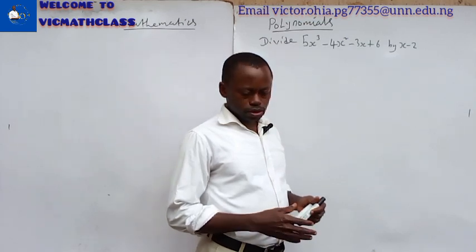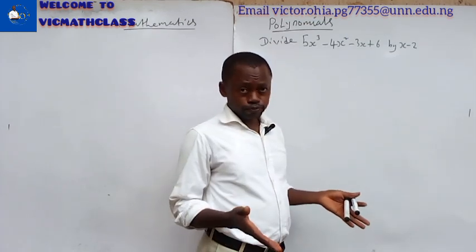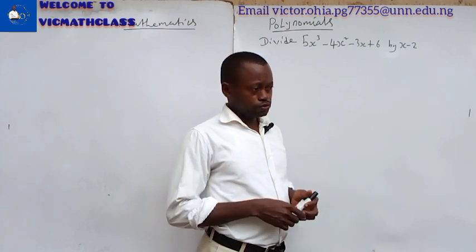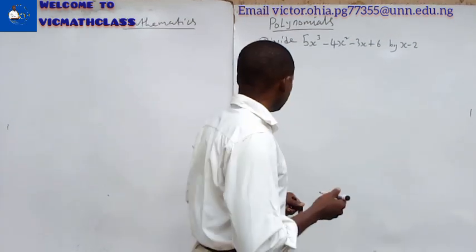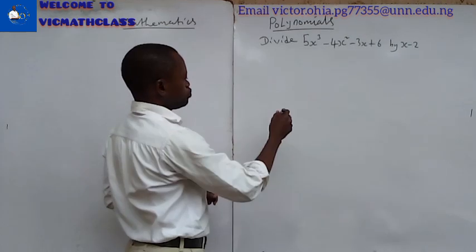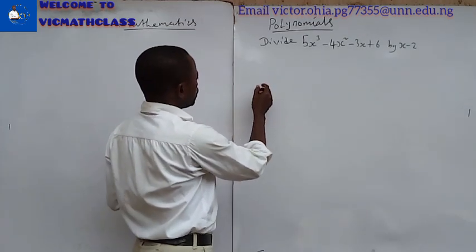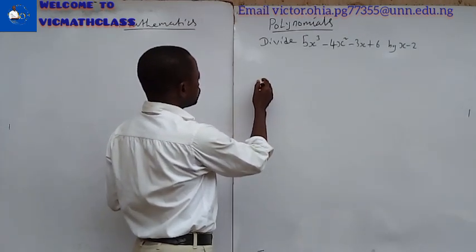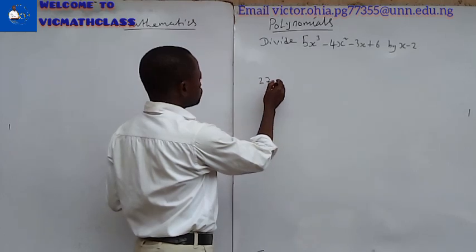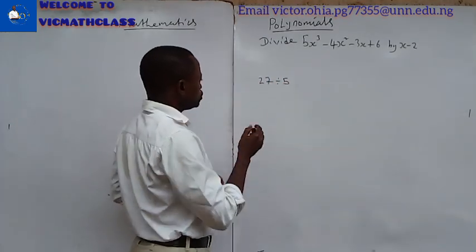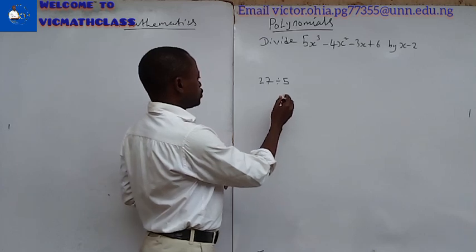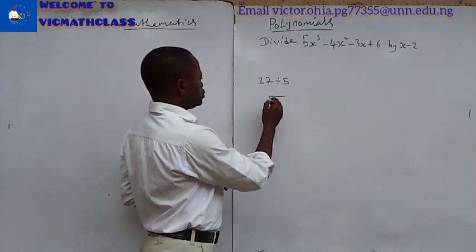You realize from just what we call long division that sometimes you can have something like, let me take for instance, 27 divided by 5. You can put it this way.